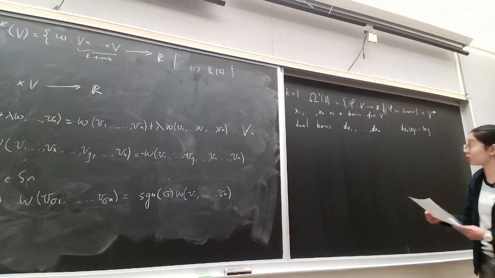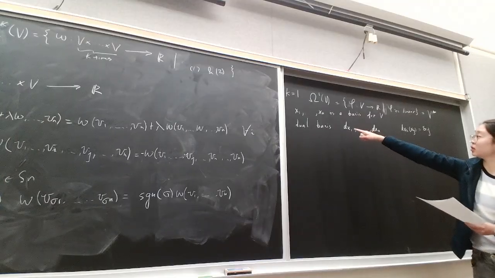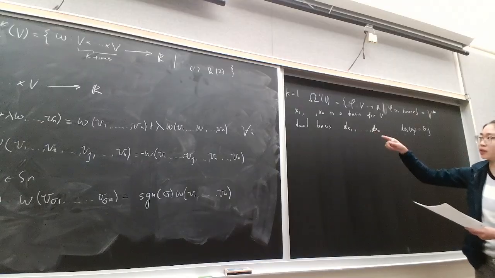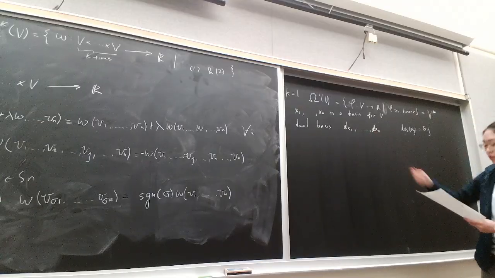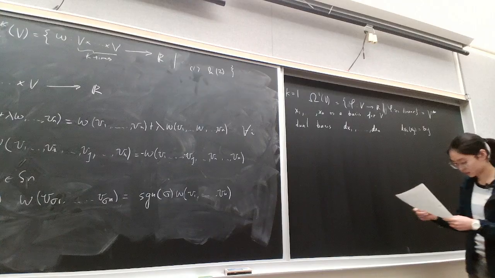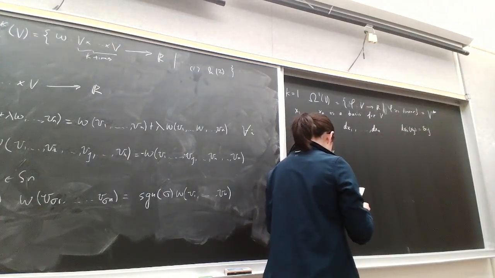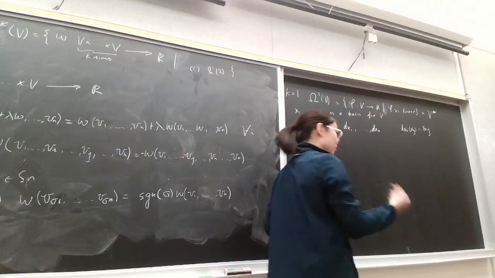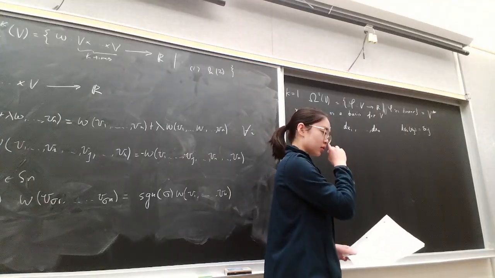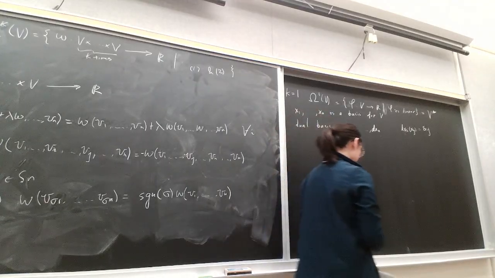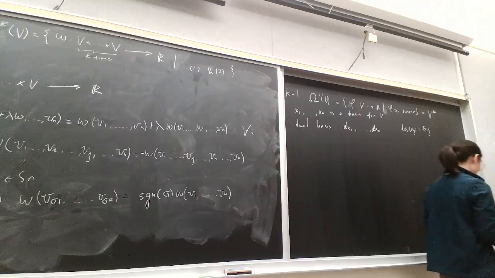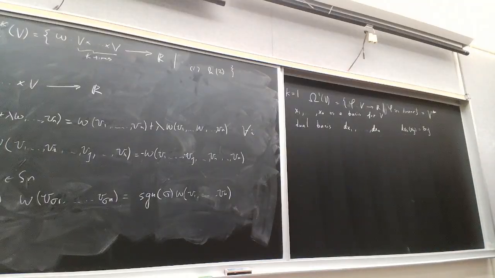Yes, and so the goal is to use this to define a basis for the k forms in general. First, we're going to make a definition. Let me just give a kind of big overview. We said that if we want to study volume, the natural way is these differential forms, which take in k vectors and output a number, and they mean something about the volume.